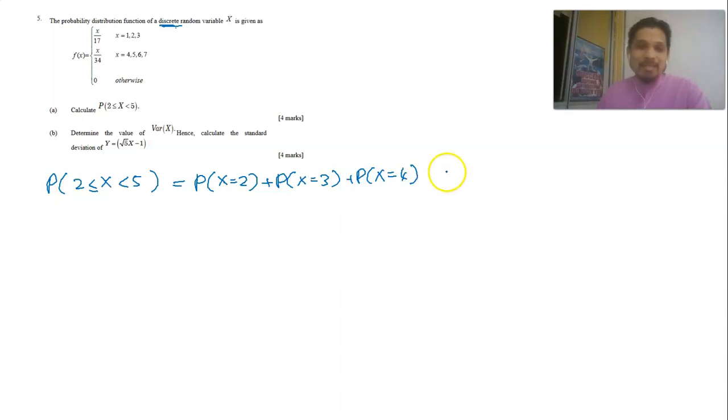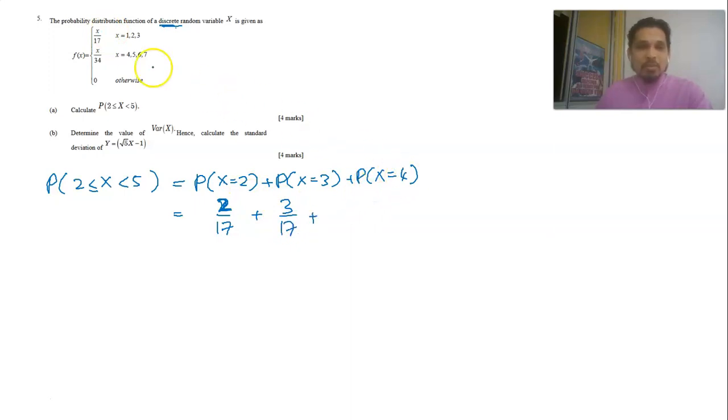Okay, that's it. So when x equal to 2, the function value is x over 17. Then when x equal to 3, also x over 17.